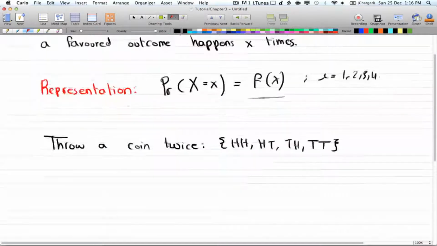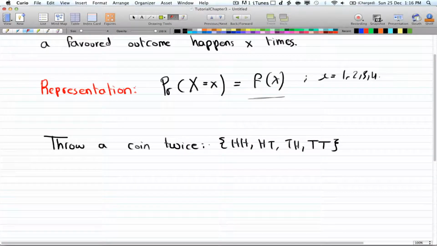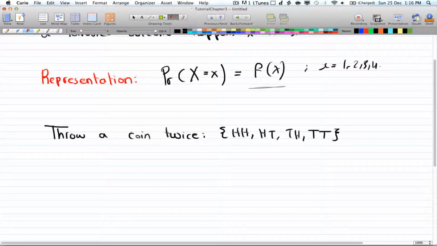So let's see, if you throw a coin and you want to count the number of tails that you get, tails is the favorite outcome.